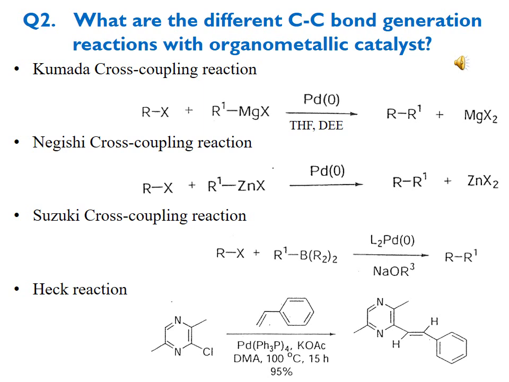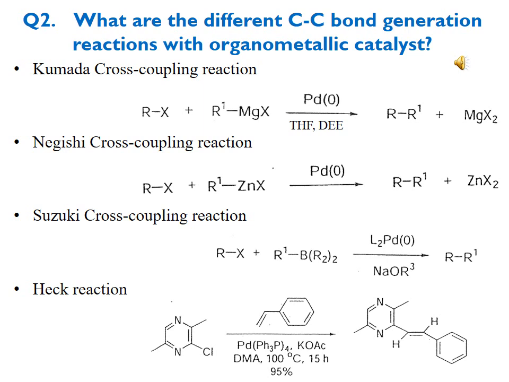First was the Kumada cross coupling reaction, which used alkyl halide and Grignard reagent in the presence of palladium using ether as solvent, and we get the CC bond generation along with magnesium halide byproduct. Second was the Negishi cross coupling reaction, which also used alkyl halide, but in place of Grignard reagent it used organozinc compounds, and which yielded the CC bond generation along with zinc halide as byproduct.